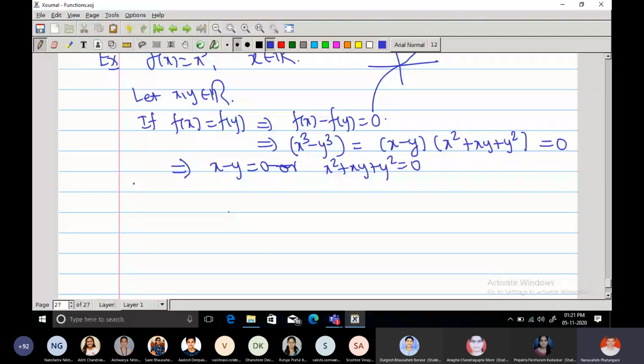Observe that. The second bracket cannot be 0. Why?